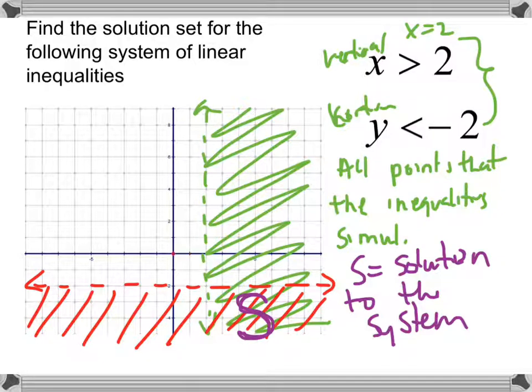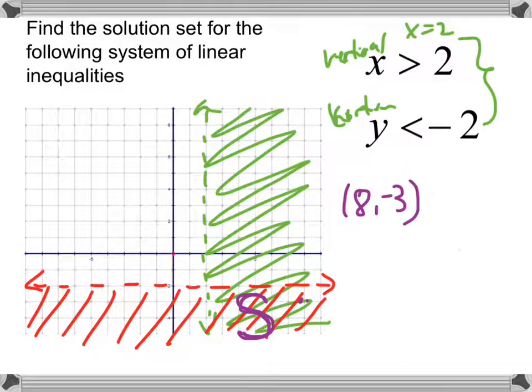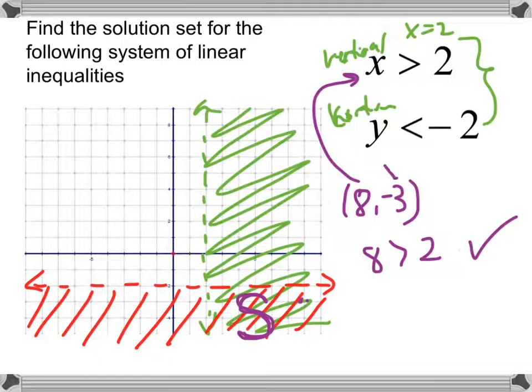Okay, so let's look at some of the points in here. If I picked a point right here, this would be the point 8, negative 3. So I'm going to put this in for x and see if it satisfies it. So 8 is greater than 2, so that's okay. And y is less than negative 2.